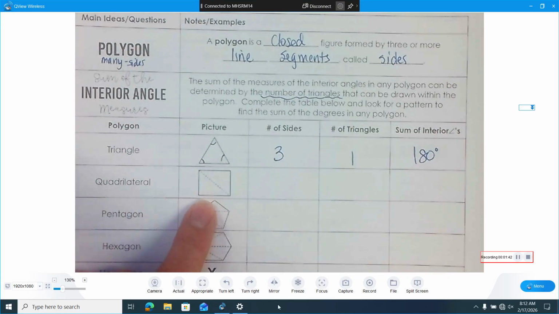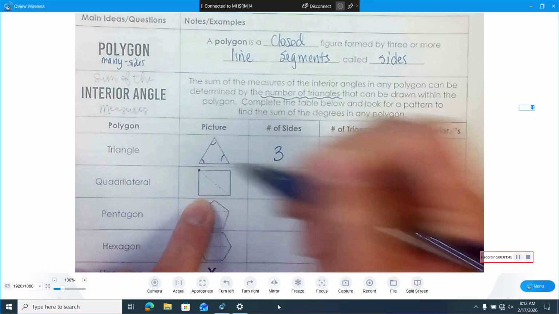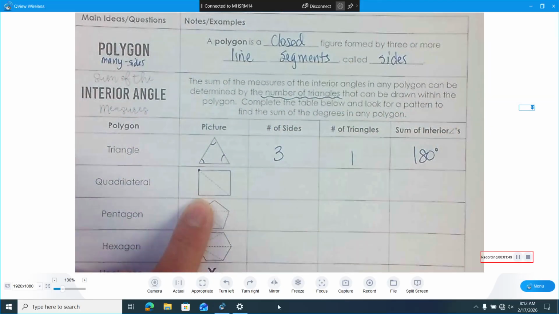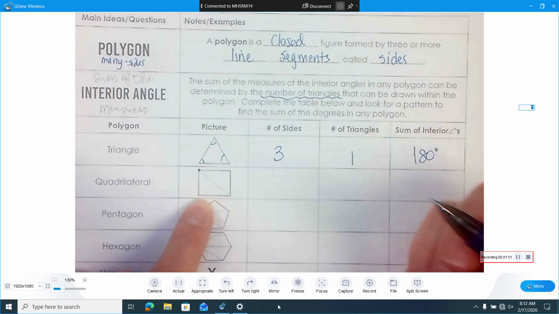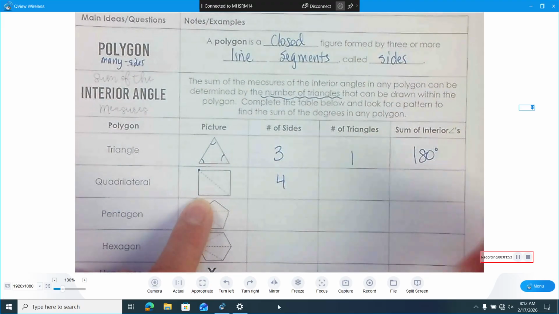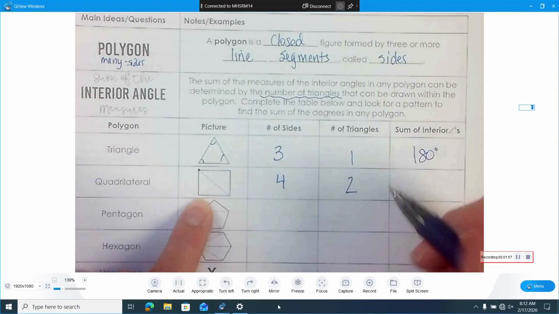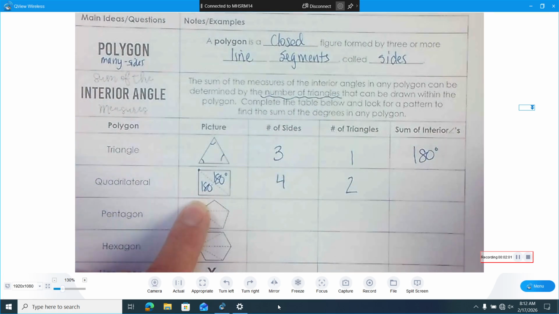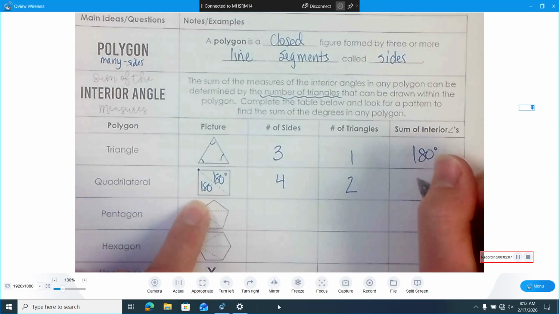If I have a quadrilateral, I can pick one vertex, one corner, and connect the diagonal. Now we have four sides. How many triangles do we create? Two. And each triangle we know has 180 degrees. So how many degrees is a quadrilateral going to have? 360, because it's 180 times 2.